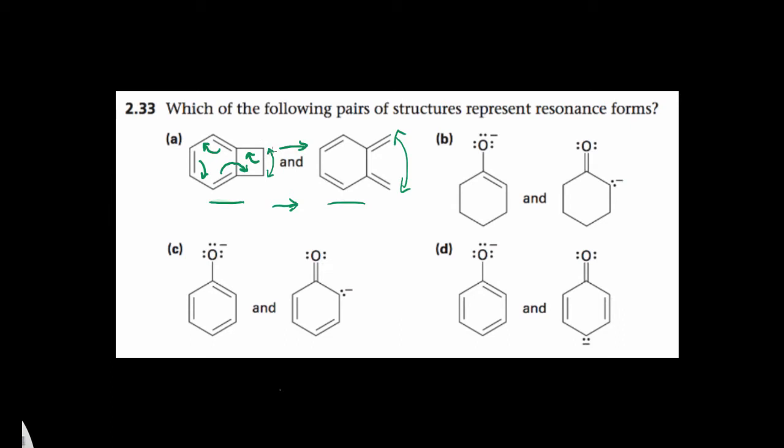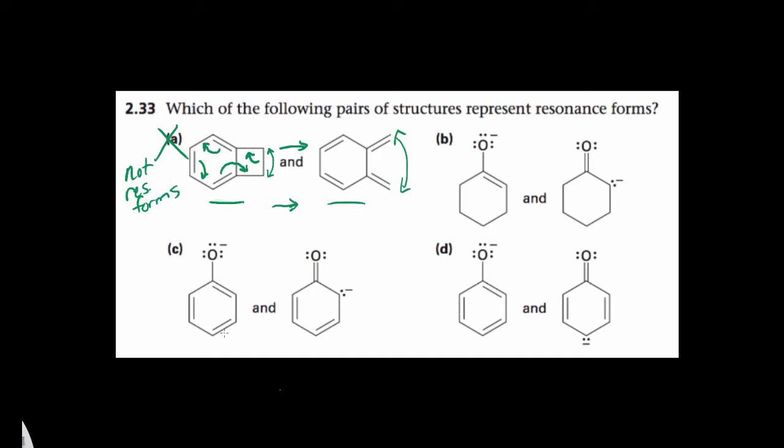It represents a change in the location, the relative position of the nuclei. And that is essentially what a chemical reaction is. So these are not resonance forms because they break a single bond.